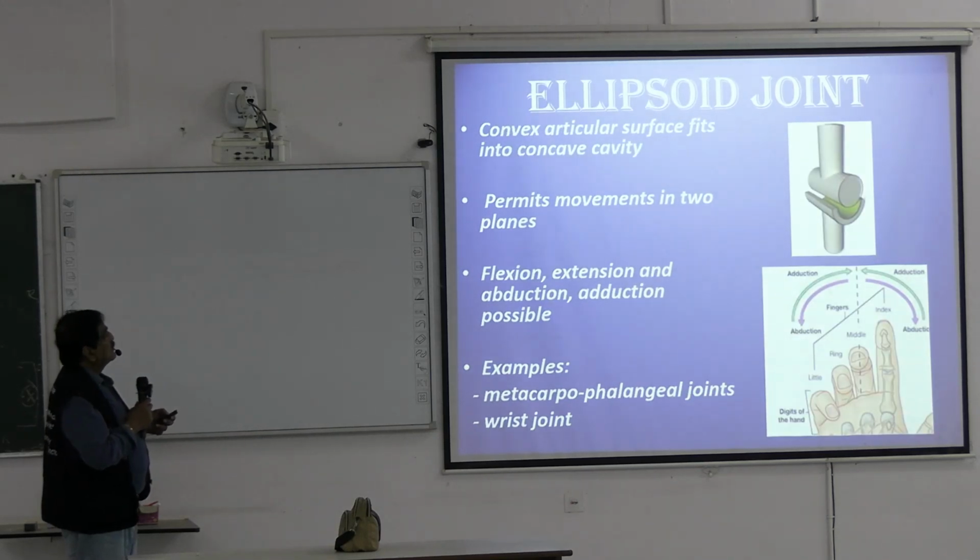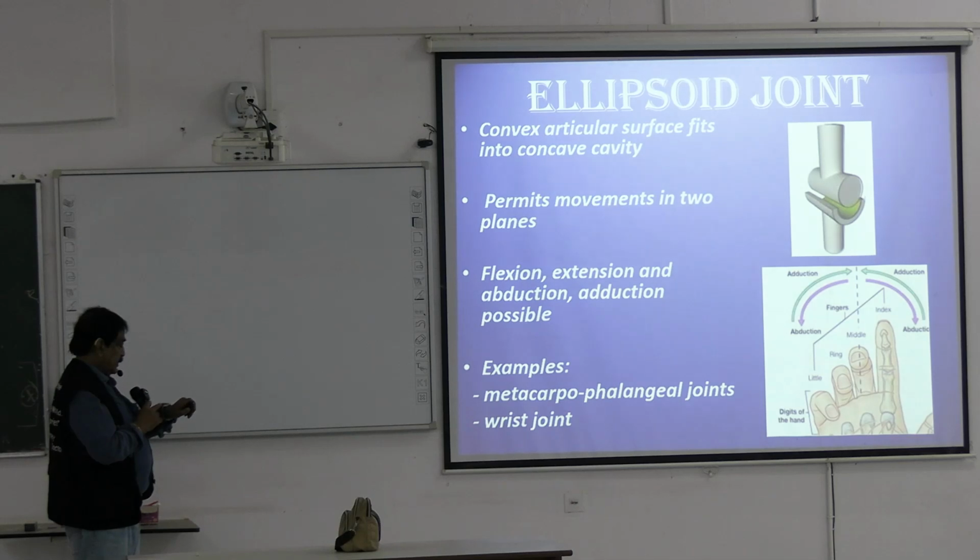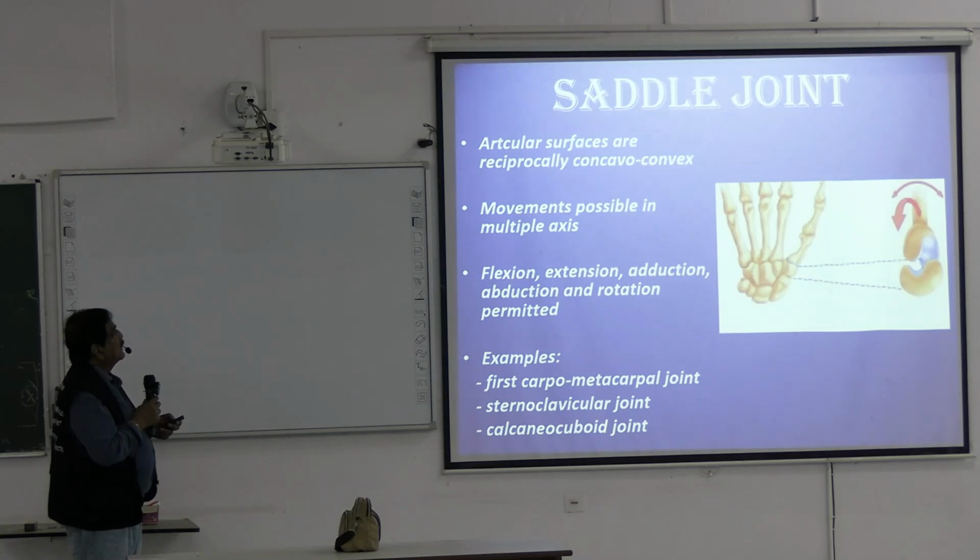Ellipsoid joint: convex articular surface fits into a concave cavity, permits movements in 2 planes, flexion, extension and adduction. Example, metacarpophalangeal joint and the wrist joint. Saddle joint: articular surfaces are reciprocally concavo-convex, movement possible in multiple axes: flexion, extension, adduction, abduction, rotation.